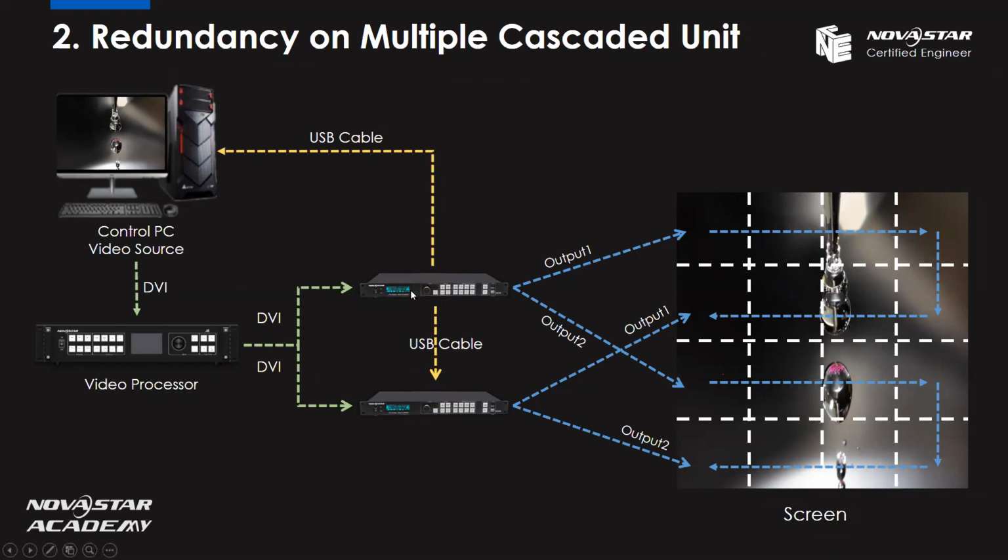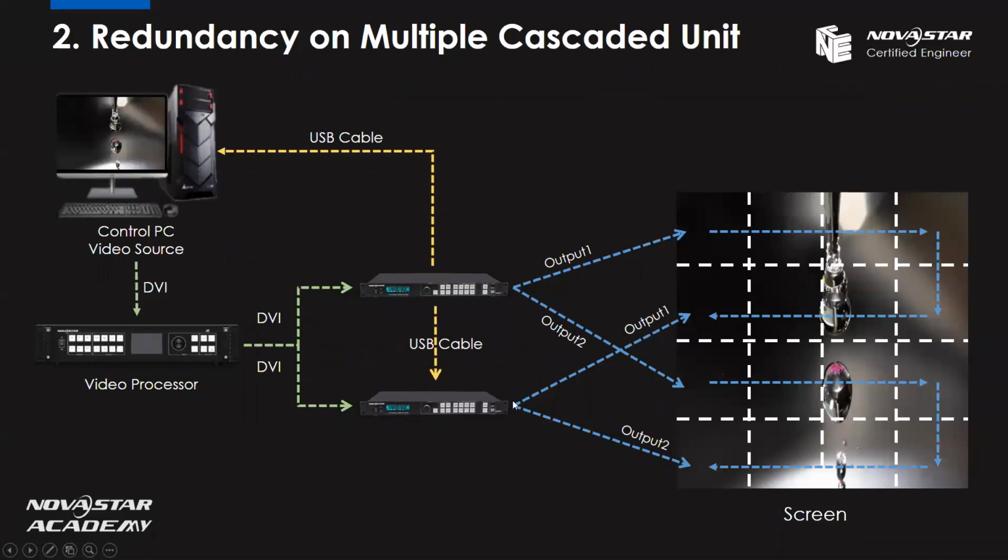Then let's check the LED screen part. The first one, which is the primary VX4S, is using 2 ports. Port 1 loads the top part of the screen, and port 2 is loading the second part of the screen.